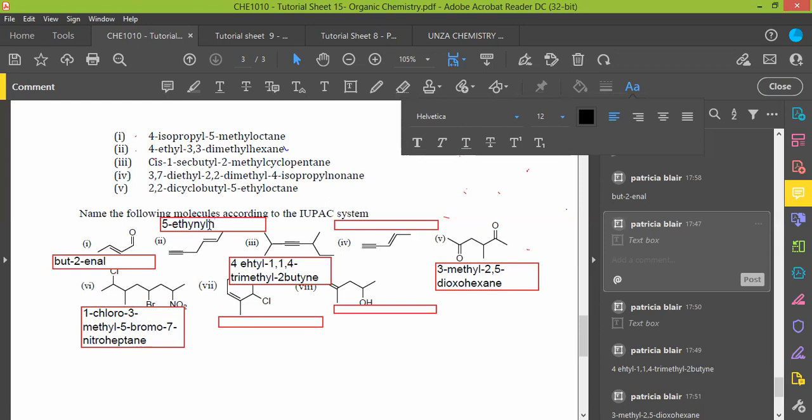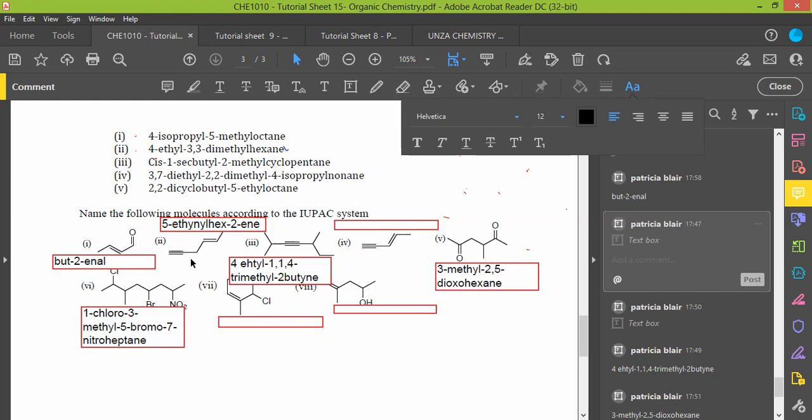So it is hep or hex. Since this functional group is on position number 5 and it is an ethynyl itself, your counting ends there. So it's 1, 2, 3, 4, 5. So it is hex, and then 1, 2, like that, and ene like that.